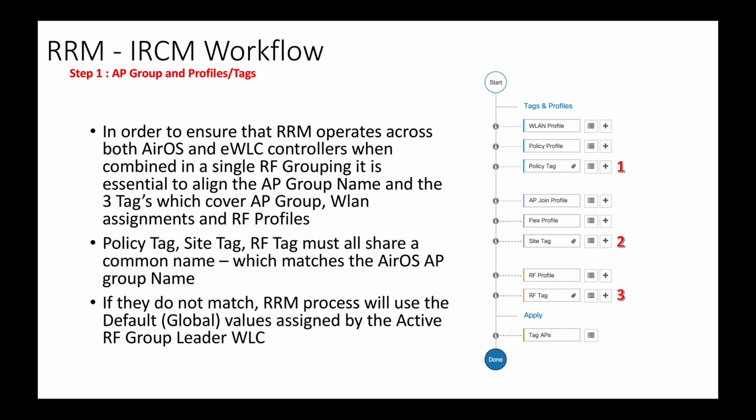This is important because RRM treats an AP group as a bounded set of APs for calculation purposes, and FRA definitely only works within an AP group construct. So if you do not match the AP groups, you probably will not be running FRA with EWLC as a group leader.